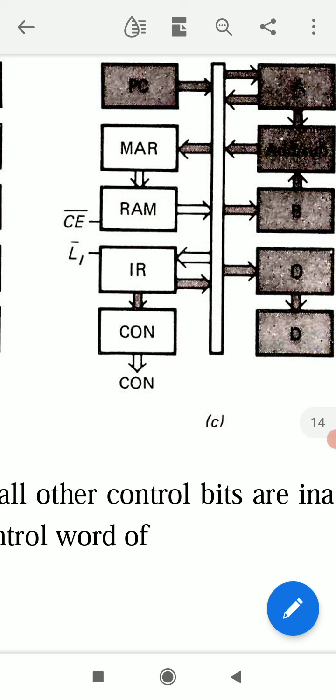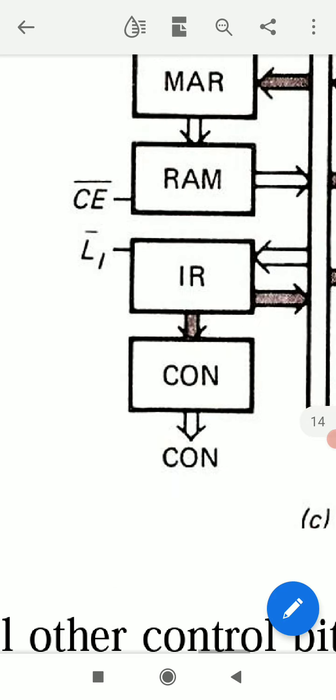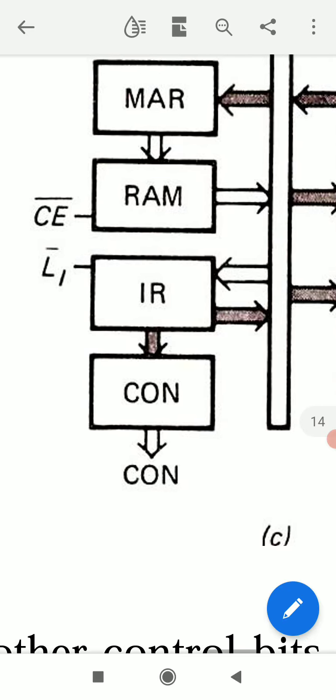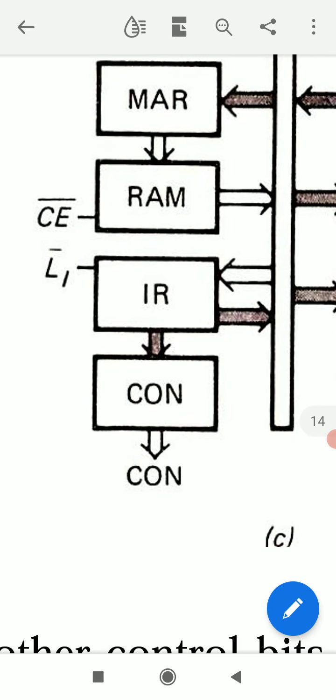And in this case we must keep these two bits CE bar and LI bar active. When CE bar is active, CE means chip enable.